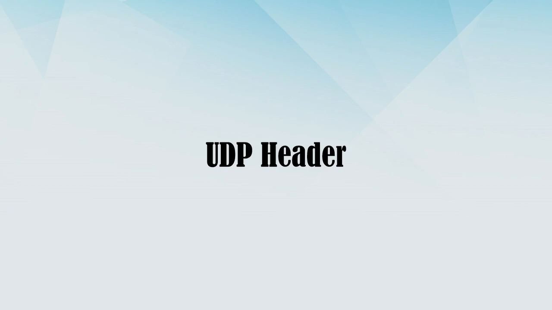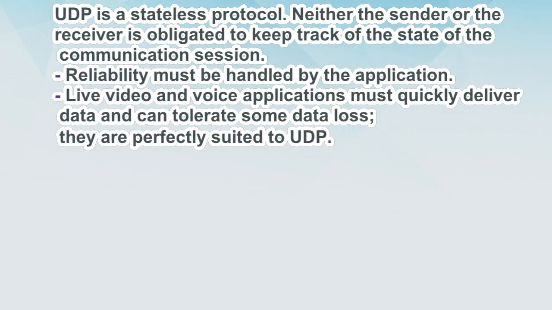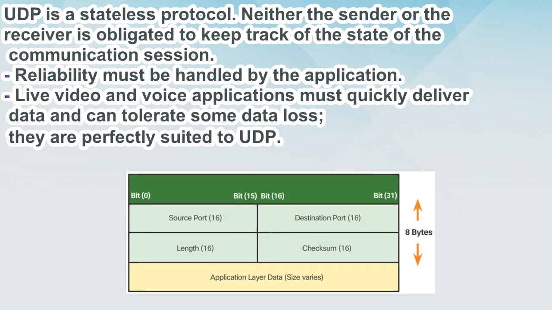UDP header. UDP is a stateless protocol. Neither the sender nor the receiver is obligated to keep track of the state of the communication session. Reliability must be handled by the application. Live video and voice applications must quickly deliver data and can tolerate some data loss.